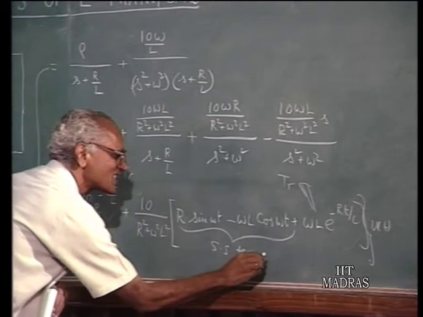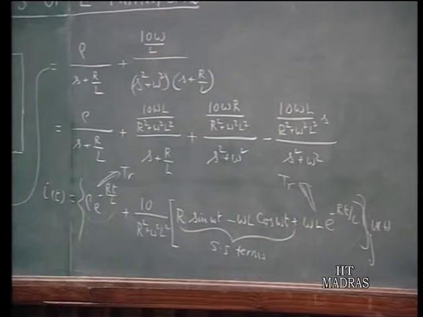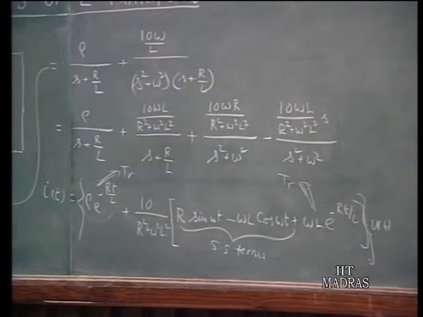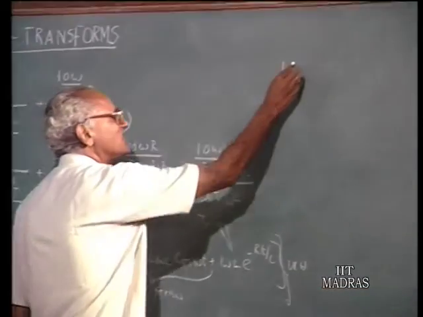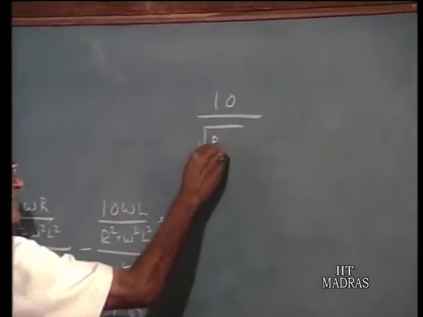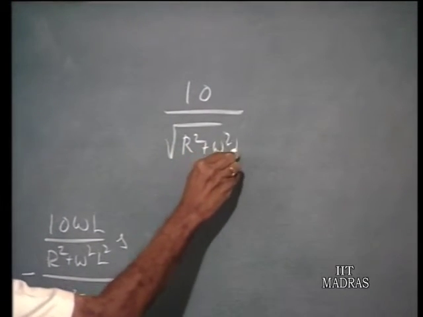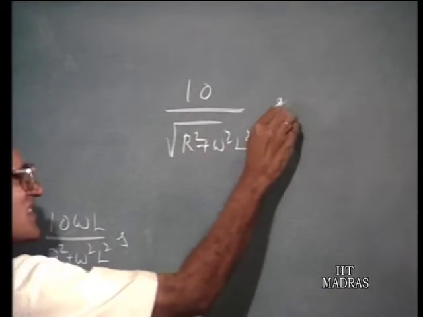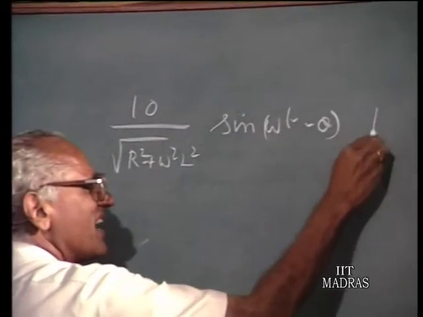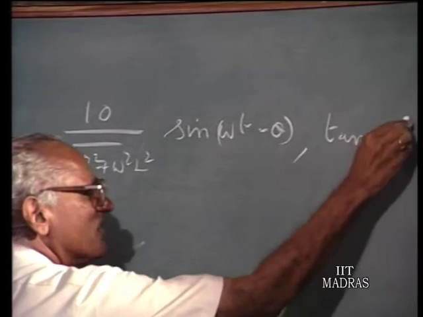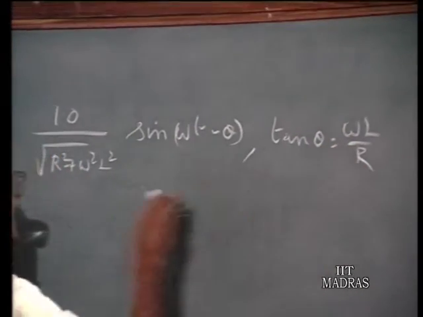You are driving this particular circuit with a sinusoidal forcing function, therefore there is a steady state solution, and this is what we are having. You can show this steady state term to be 10 by root of R squared plus omega squared L squared, that is the impedance of the circuit, sin omega t minus theta, where tan theta equals omega L over R.